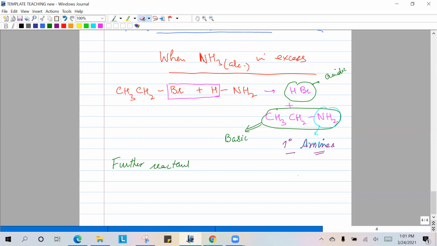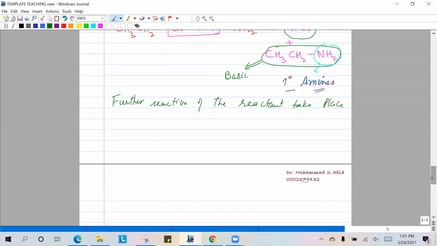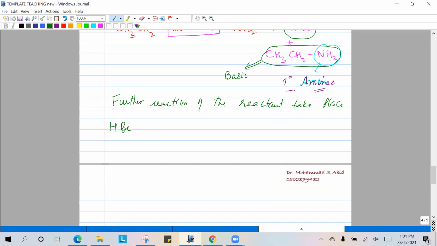So in this case, what happens is the HBr will react with the NH2, CH2, CH3, I'm writing it this way. Now remember, this being an acid, it will break into H plus and Br minus.